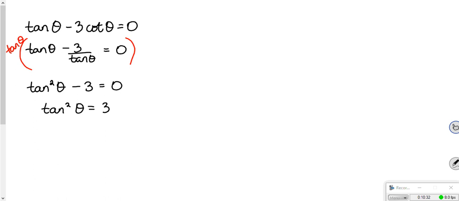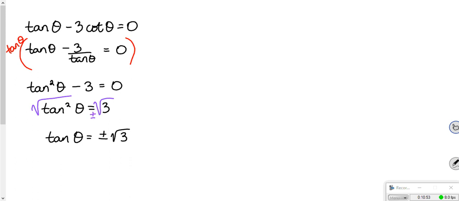Now, to solve for the square, remember we got to square root both sides. And what happens when we square root both sides? Don't forget, you've got to have a plus minus. So this is going to make tangent theta equal plus or minus root 3.